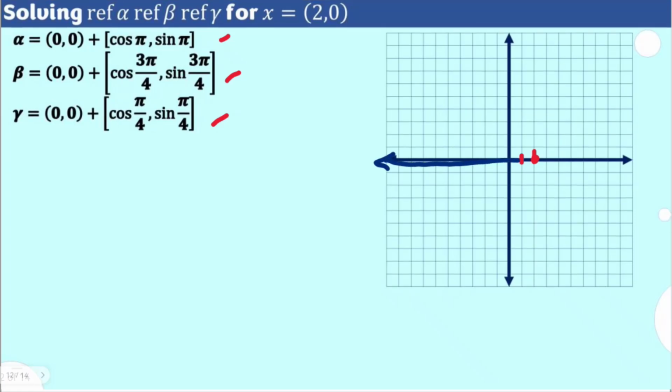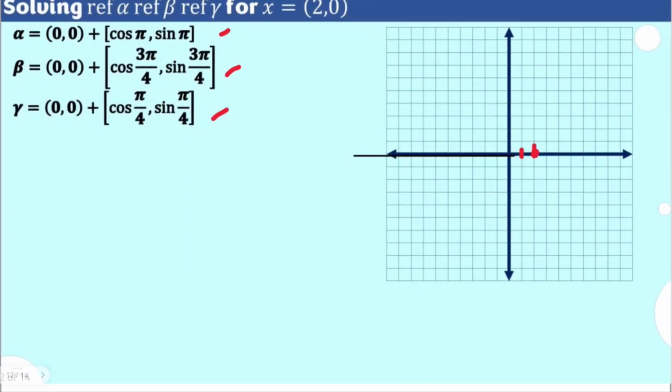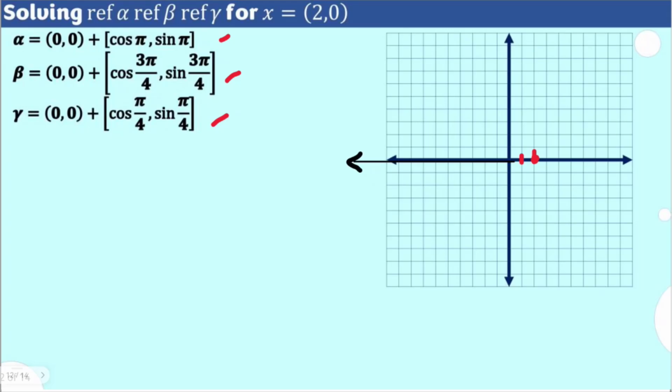That is actually the direction for our alpha because this is where our pi is located.